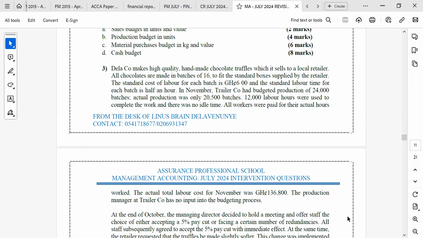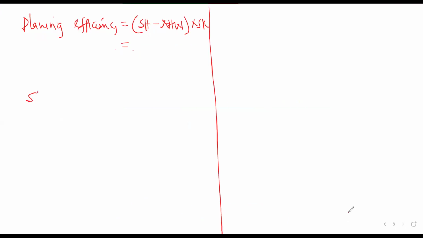The standard hours will be the standard hour per batch, which is 0.5, multiplied by the actual quantity produced, which is 20,500. What are we having? 10,250.